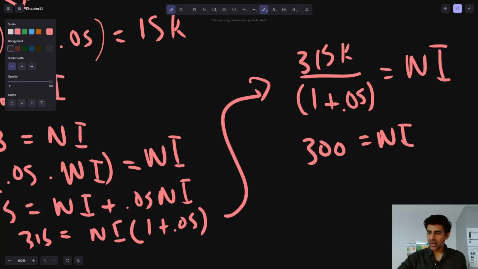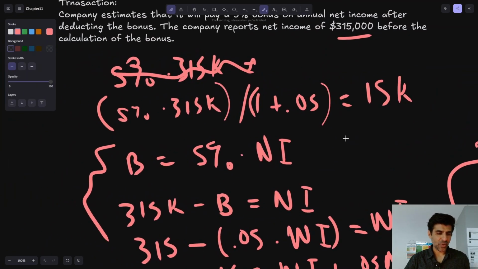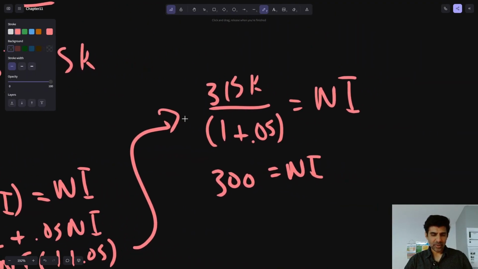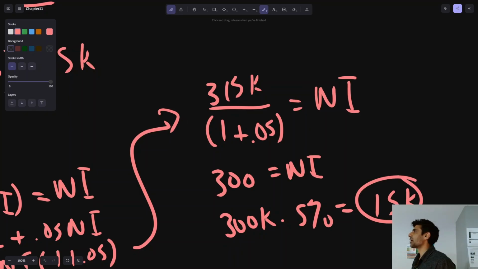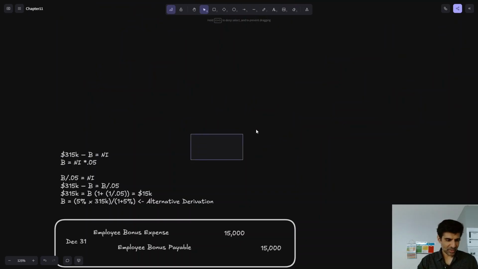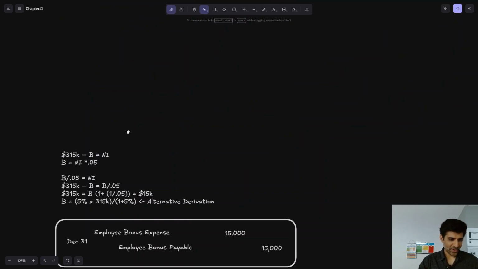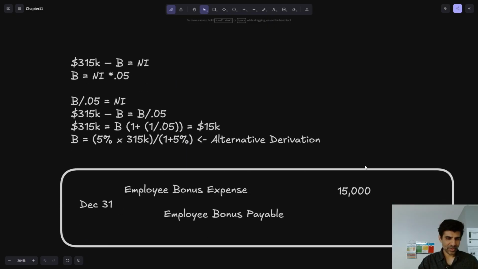Now if I want to know what the bonus is, I can just go back to my original equation here. Bonus equals 5% times net income. So 300K times 5% equals 15K. So yes, you got to the right number. Actually, I think this one is probably written in a nicer manner, so you can take a picture of this if you want to just remember.